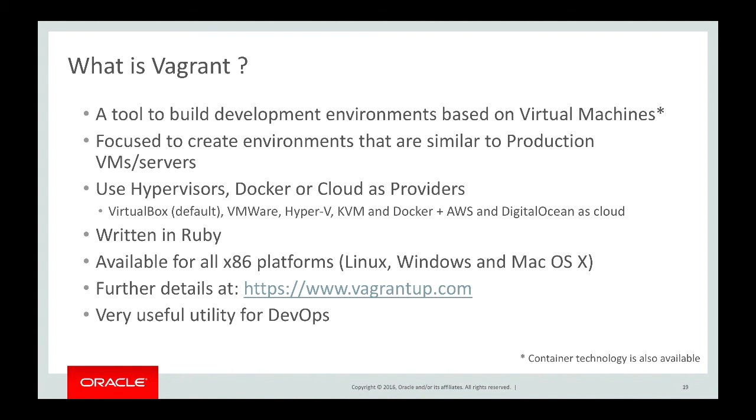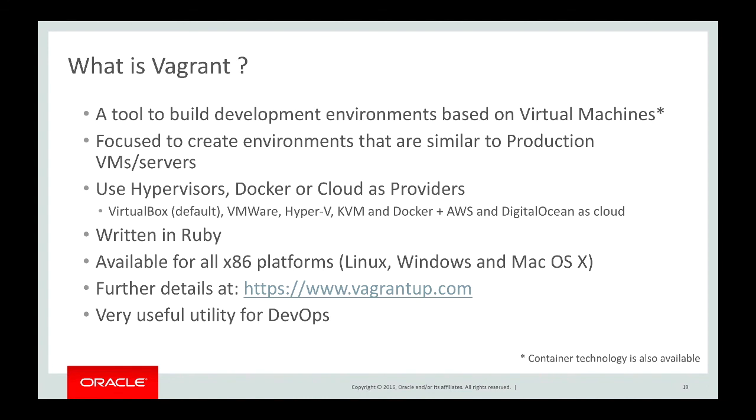It uses hypervisors, Docker, or cloud as providers, and it's written in Ruby code. And like VirtualBox, Vagrant is available for all x86 platforms, so Linux, Windows, and also macOS X.